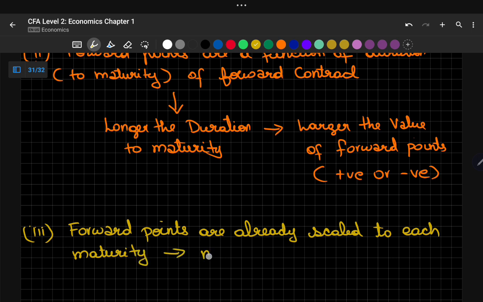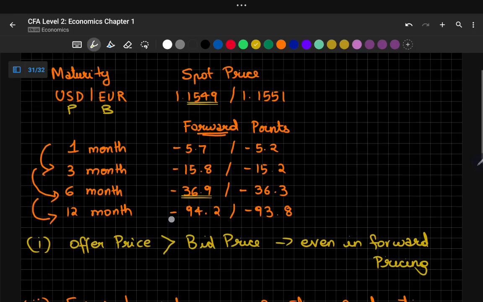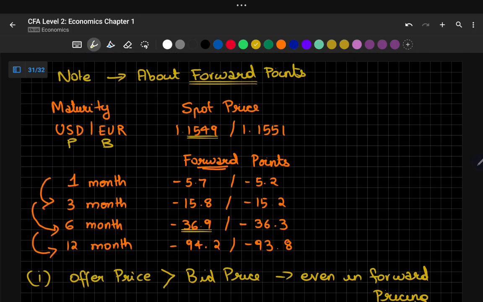So what do we mean by that? It means that the forward points for 1 month are actually scaled to the 1 month duration. Since it is not annualized, it is not for a 12-month period. If I need to derive it from 12 months to 1 month, I don't need to do that adjustment. This forward point that is provided is already adjusted for that 1 month duration.